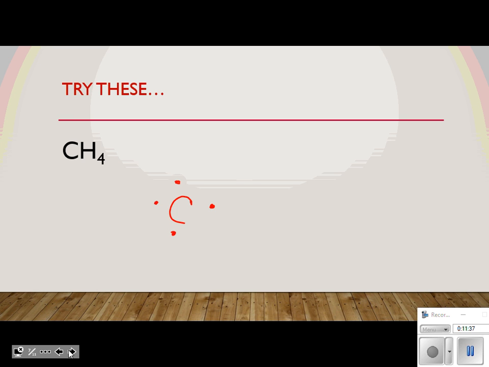Now, with carbon, I go back and think, I just had that diagram where carbon was looking like this, with those 4 things, correct?